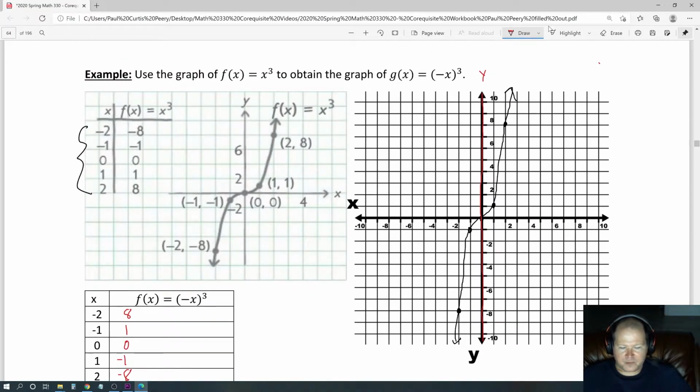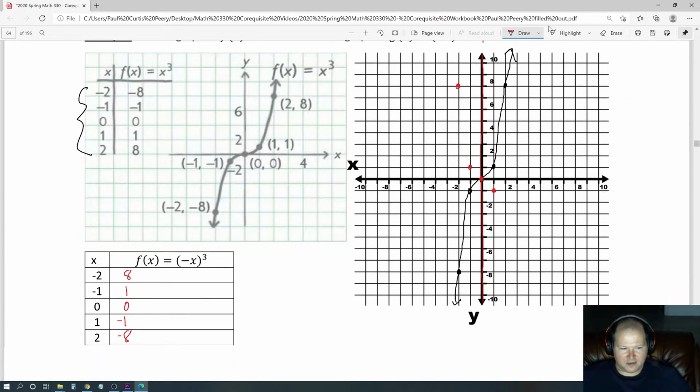All right, here we go. So we start plotting some of these points. So we still start in the middle. We got the 0, 0. We have -1, 1, which is right here. But we also have 1, -1, which is here. We also have -2, +8, which is way up here.